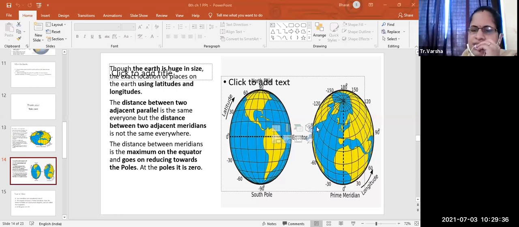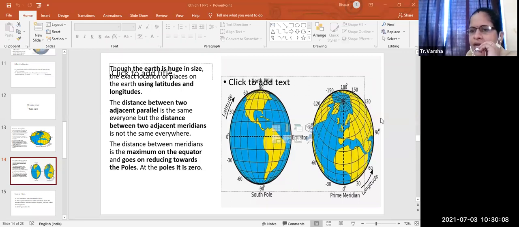The earth is also bulgy, so it is maximum at the equator, and it goes on reducing towards the poles. At the poles it is 0.